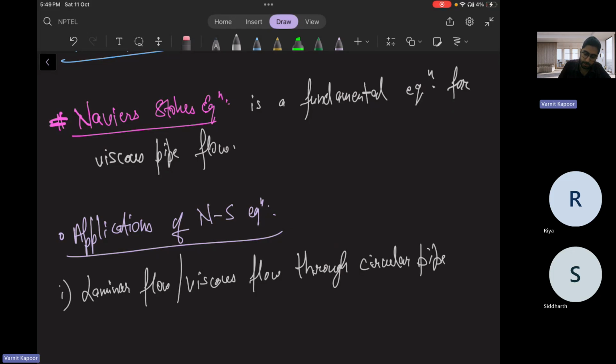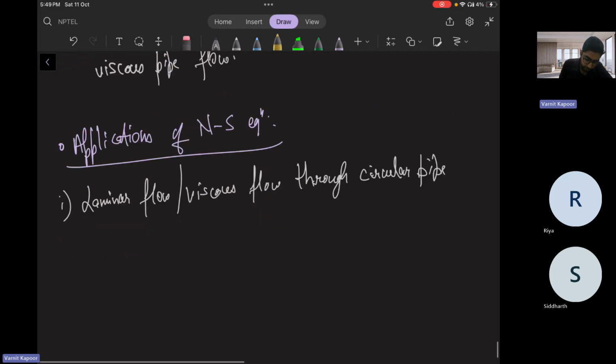This is also known as the Hagen-Poiseuille equation. We will derive this equation, don't worry. Okay.